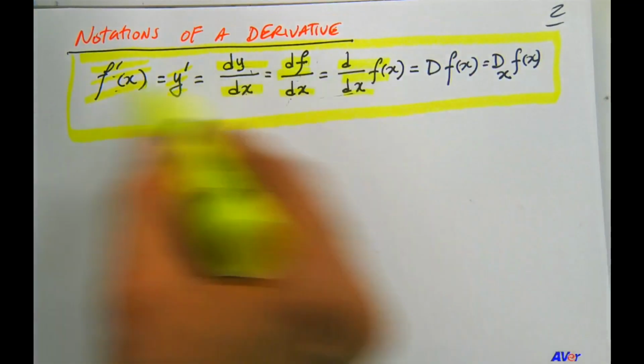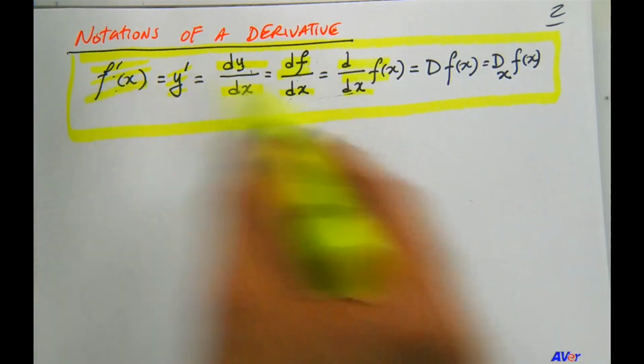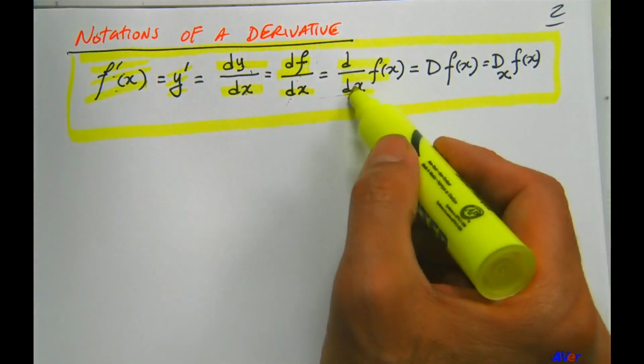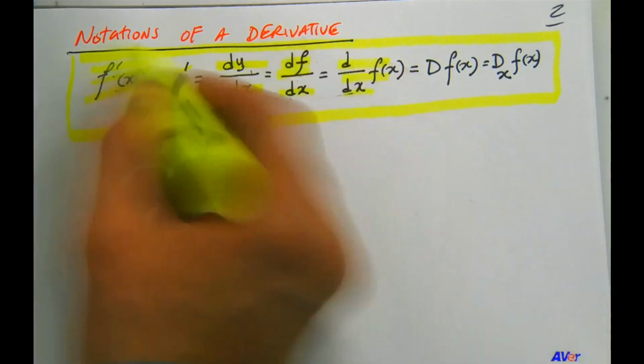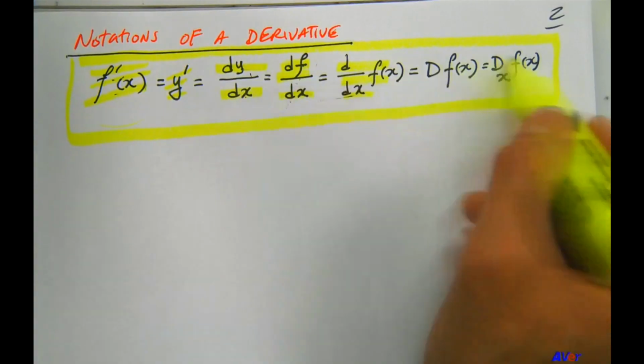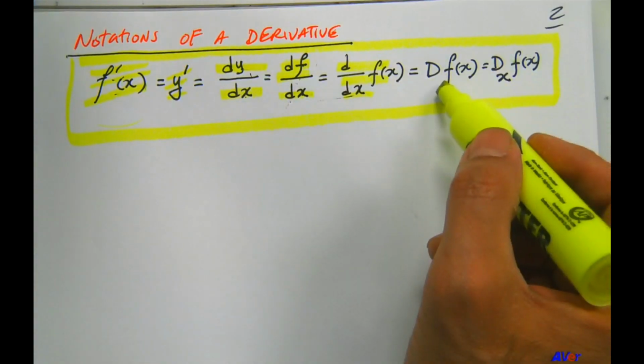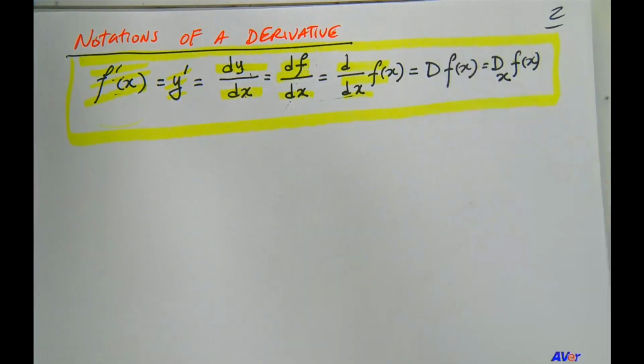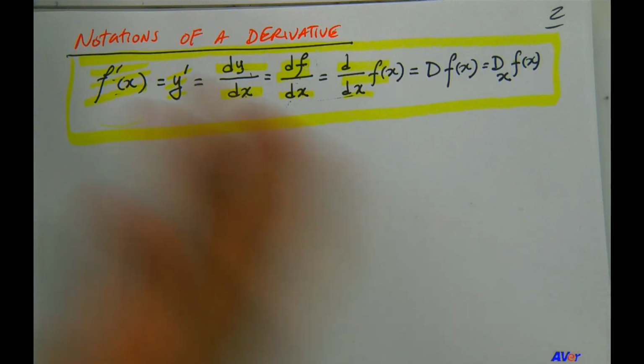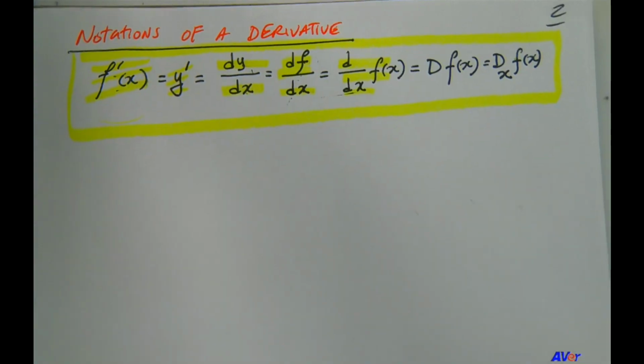So all these first 5 notations are very common, especially these two and that one. But these, you see them much less commonly in books and in the way they are represented in classrooms. But they're common for a good reason, right? Because they're useful in the way they represent the derivative.